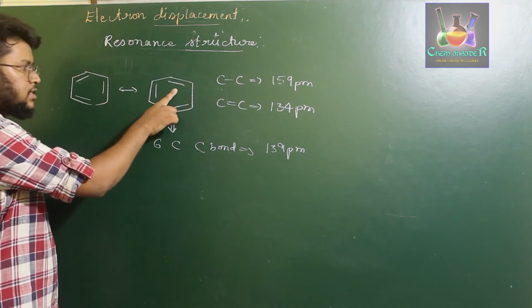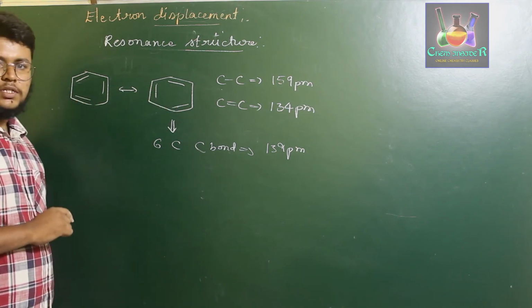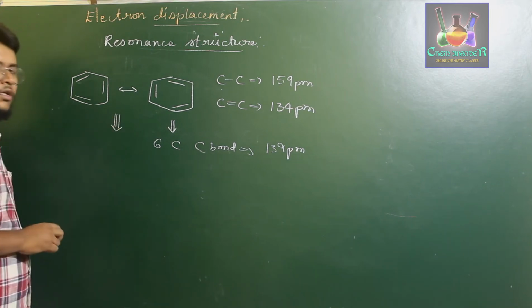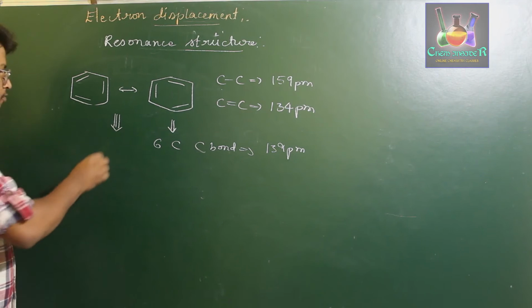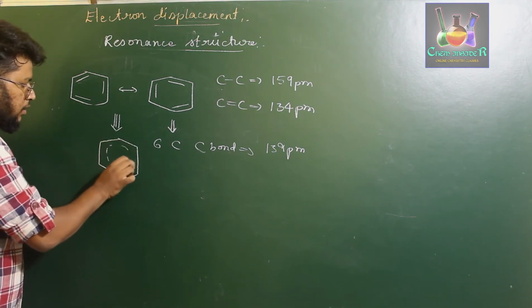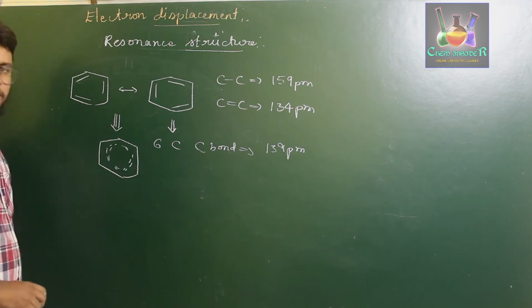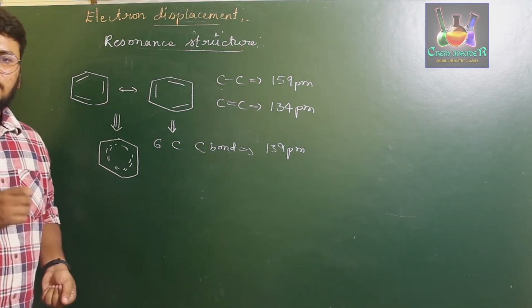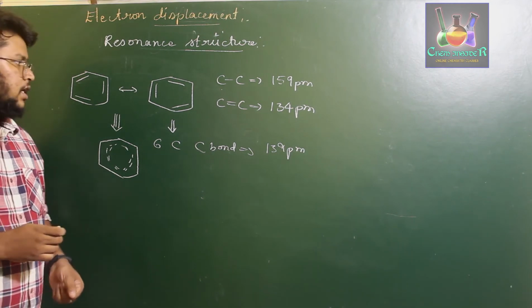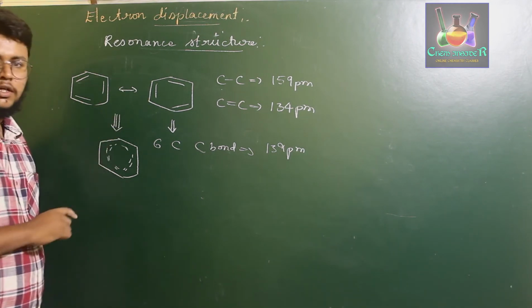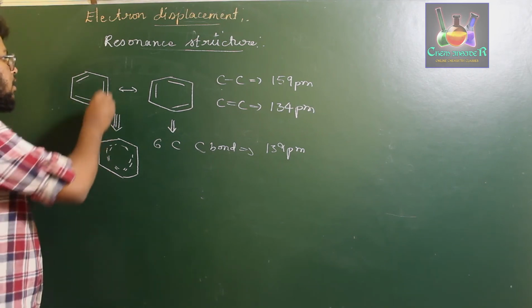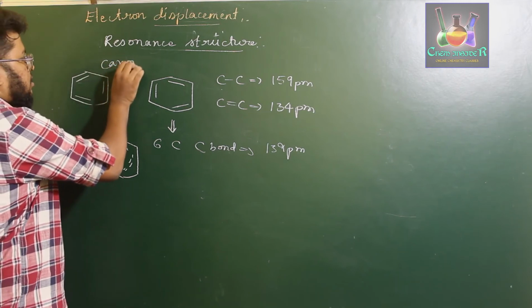This is one type of structure and this is another type of structure, where he said that these two structures are the canonical structures of the benzene ring, where the double bonds are undergoing complete delocalization. So whenever a molecule has two different representations, those two representations are called canonical structures or resonance structures.